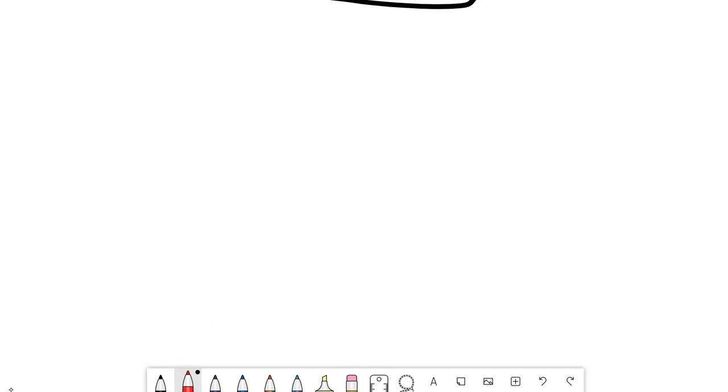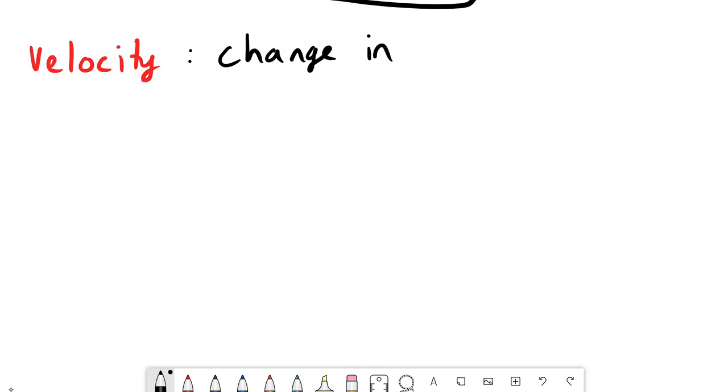Another quantity we want to look at is something called velocity. So we're moving up. Velocity, you can think of it as the change in position as time passes, right?